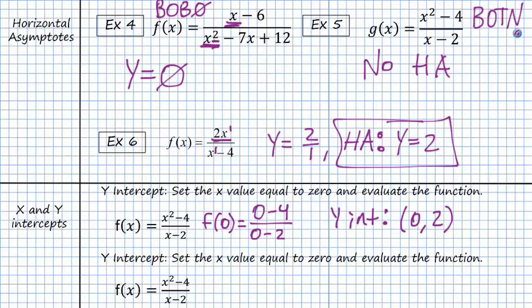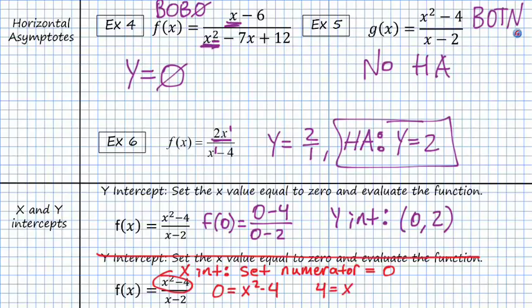And down here, this will be our x-intercept. I apologize, I missed that line. So that's going to be your x-intercept. And what we're going to do is we're going to set the numerator equal to 0 to solve for that. So we say 0 is equal to x squared minus 4. And then what we'll see is that we have positive 4 is equal to x squared.